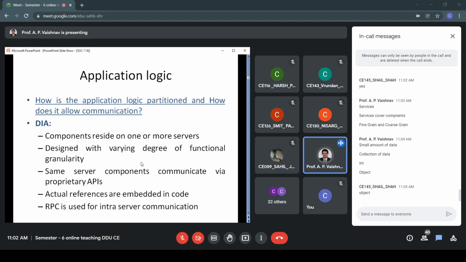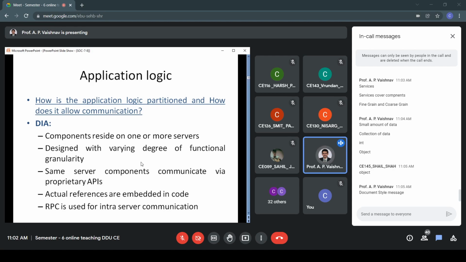But what do we usually prefer in SOA, if you remember that term from the last class, is document style message. We generate a lot of data in a single message itself, right? So usually, whatever operations that you are designing in an SOA application is going to be a coarse grain interface. So this is the second point.